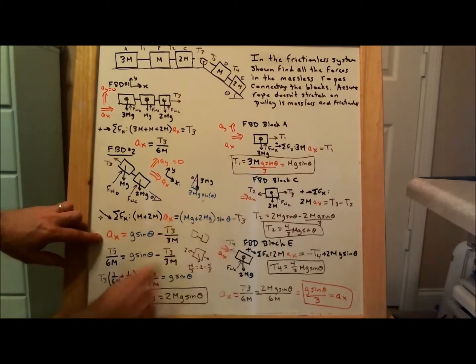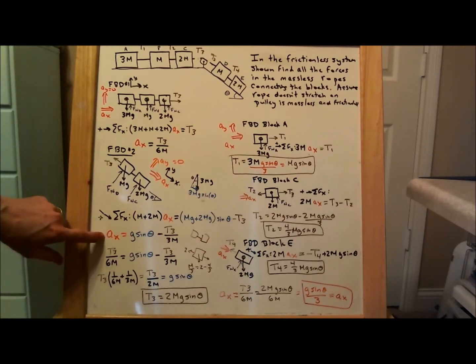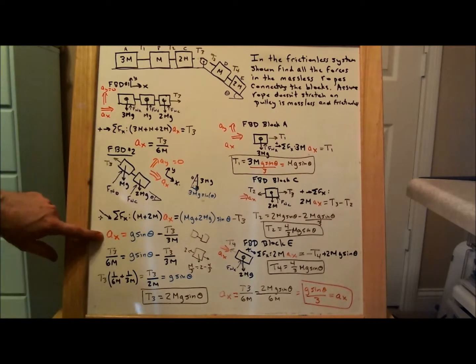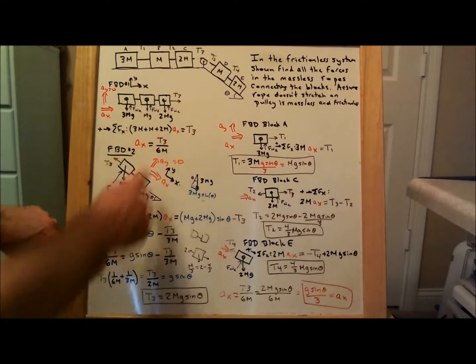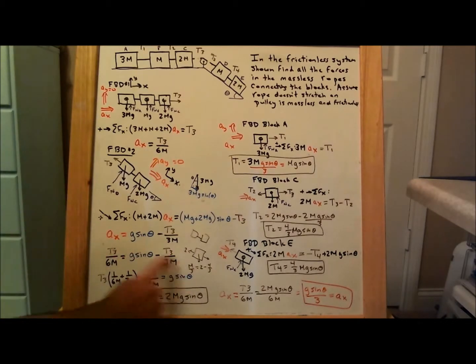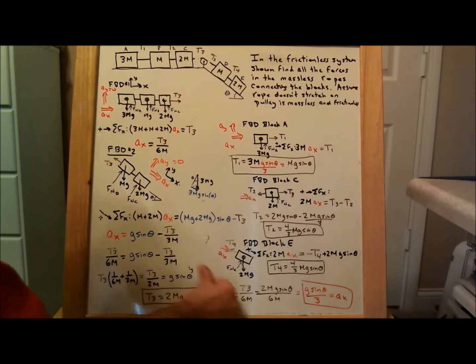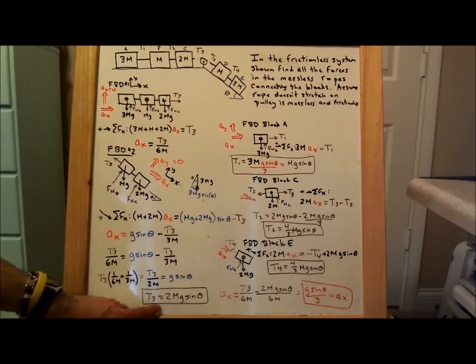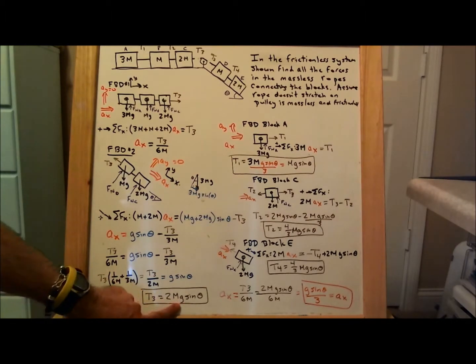So I can take that and solve for a sub x here, and I know that this magnitude and this magnitude are the same. So I can substitute this a sub x in for this, and I do some algebra, and I can solve for T3 from here.